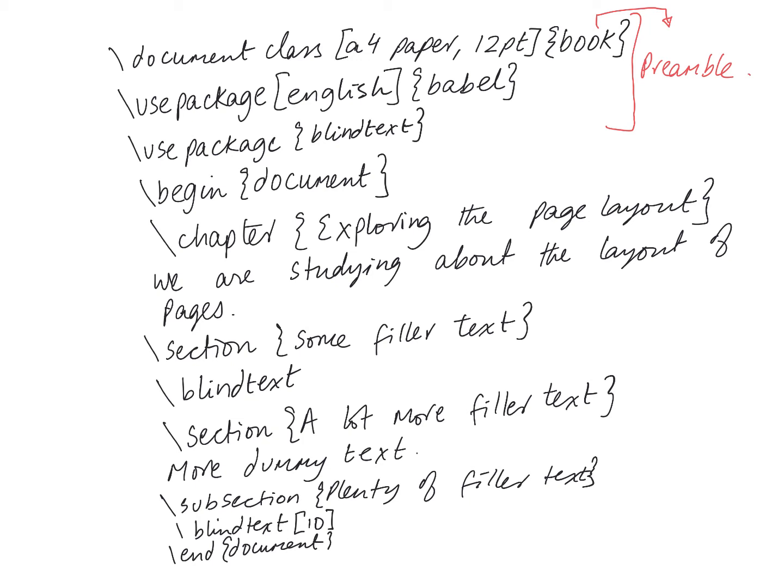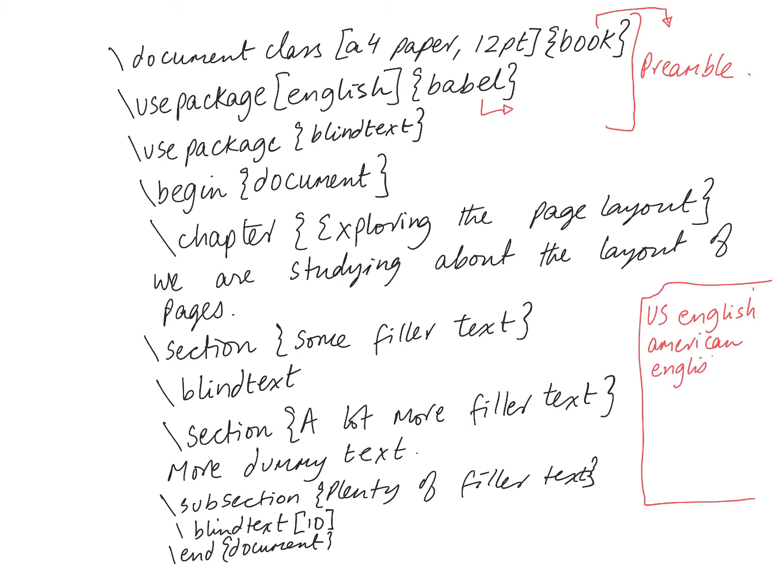Then we use the Babel package. Now the Babel package just is useful for typesetting. You can use any other language. So some languages that we could use for English language are US English. We could use American. We could use British.